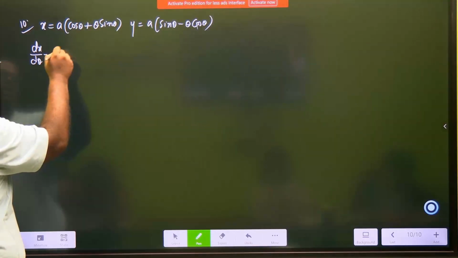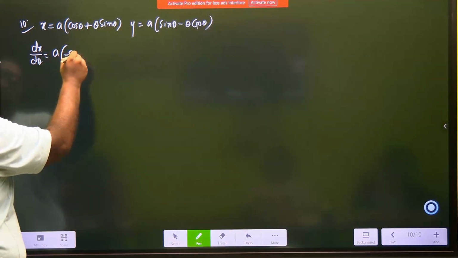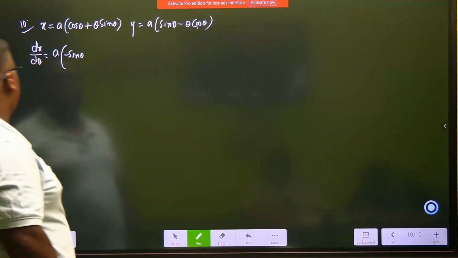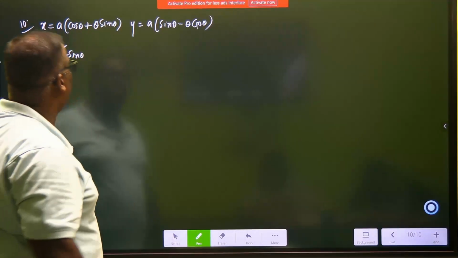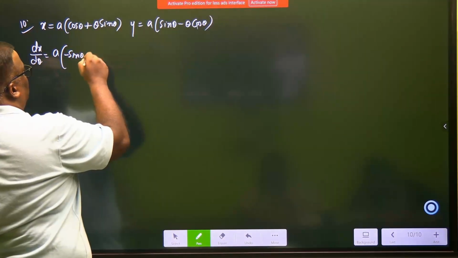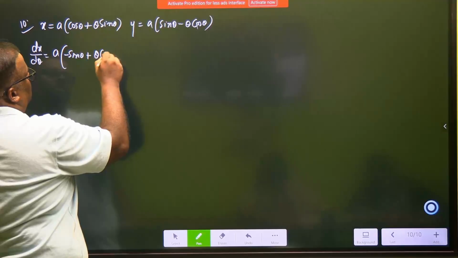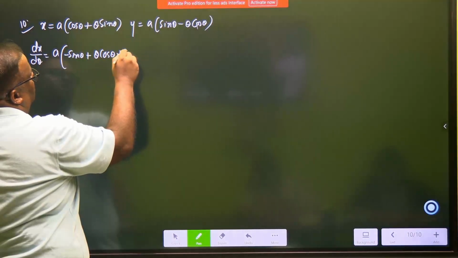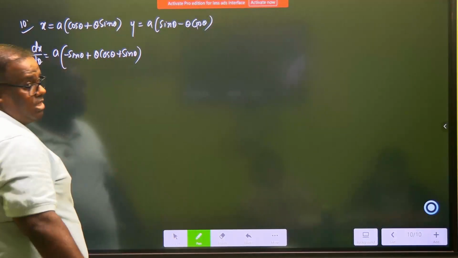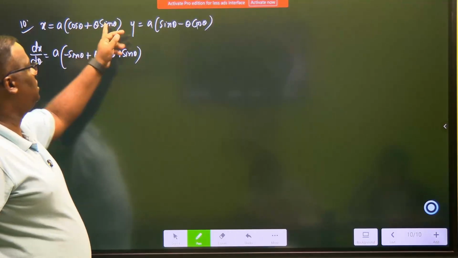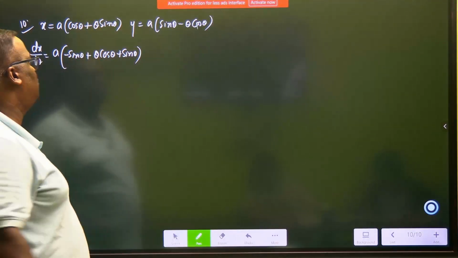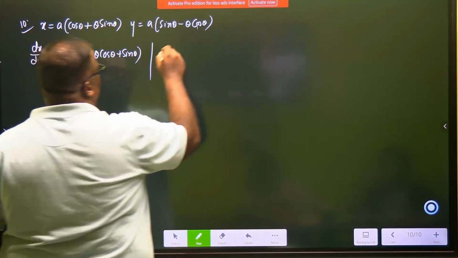So this is a cos common, negative sin theta, and here chain product rule will open up. Theta cos theta plus sin theta. Did you understand this? Theta cos theta plus sin theta, and this is 1. And let's do this side.